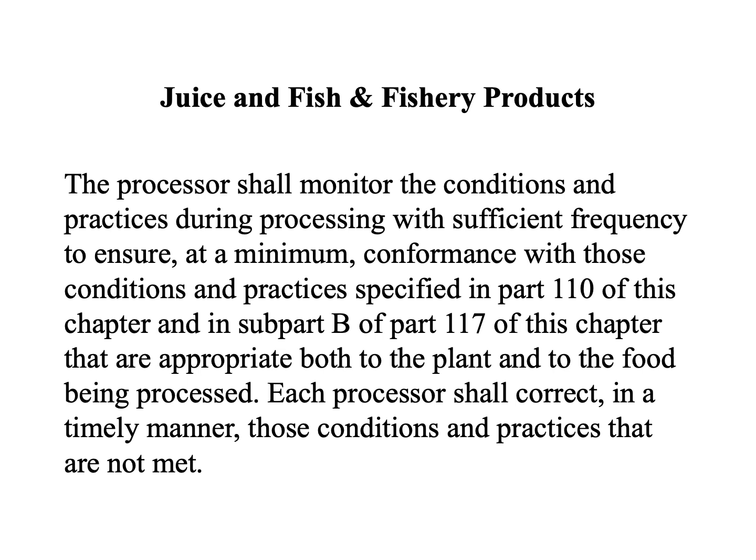And these conditions, these practices have to be appropriate to the plant, to the food being processed. Each processor shall, that means mandatory, correct in a timely manner those conditions and practices that are not met. So again, another requirement under this is a specific requirement under 123, Title 21, 123 for fish and fishery products, and Title 21, 120 for juice products.